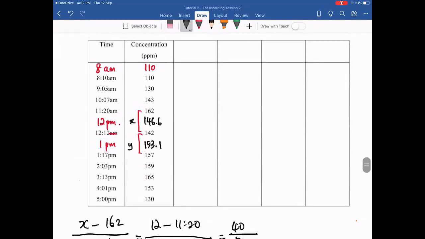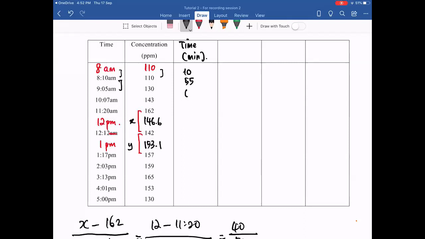Okay, so the next column is where I normally like to calculate the time exposed in terms of minutes first. Okay, time in terms of minutes for exposure. So from here to here, the answer is 10 minutes. But from here to here is about 55 minutes.